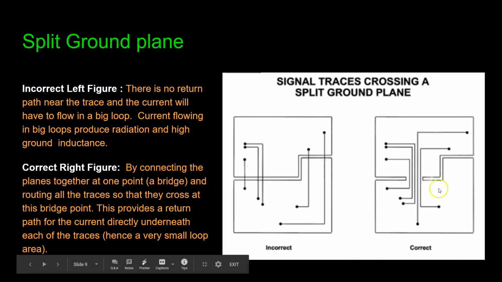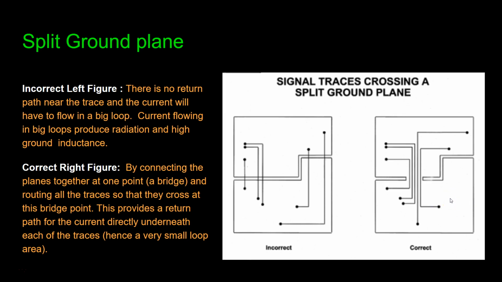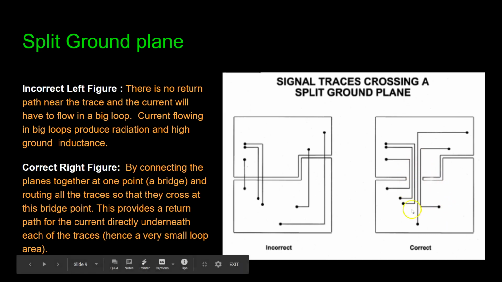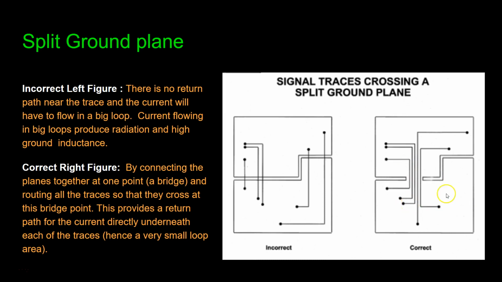Whereas here we see, if you must split the ground planes and run traces across the split, you should do it as shown over here by connecting the planes together at one point, like a bridge, and routing all the traces so that they cross at this bridge point.